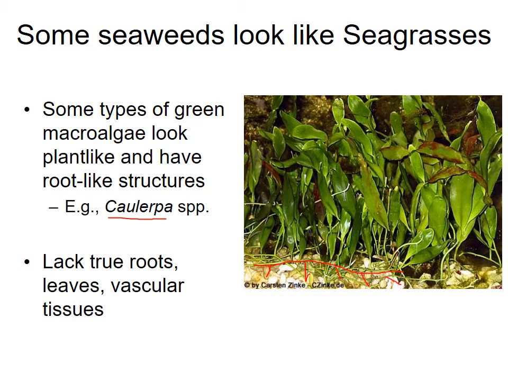So you might think that that was a seagrass, but if you pick up one of these blades, you'll see that it's flimsier than a seagrass blade, and it doesn't have any veins in it. These things lack true roots and leaves and lack vascular tissues. Also, you'd never see any flowers on this because it's not a true plant.